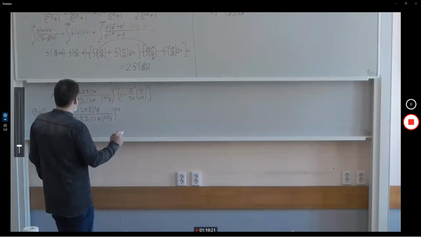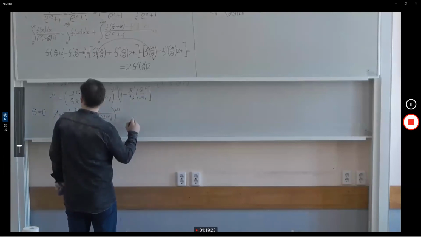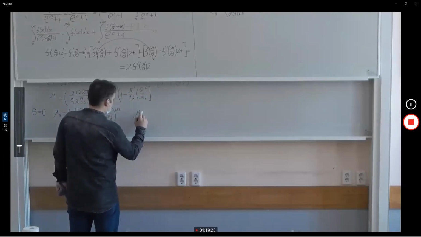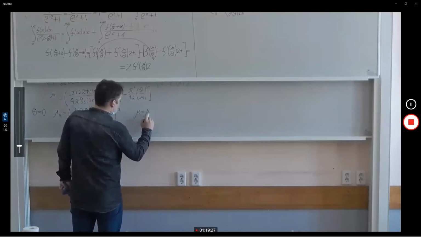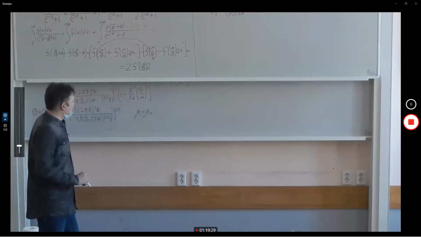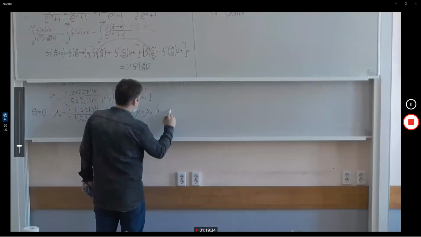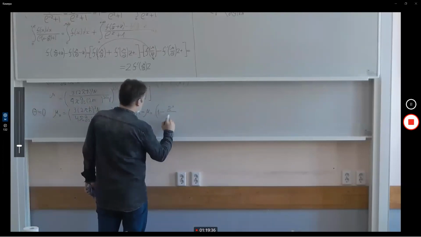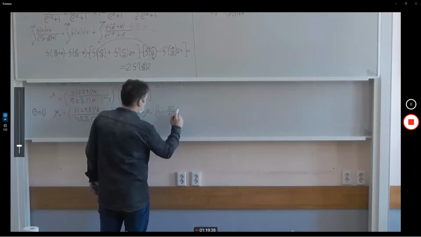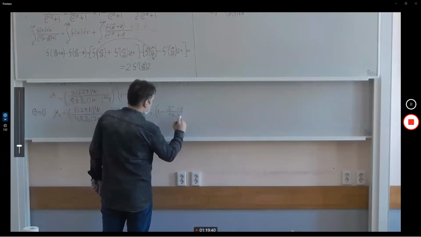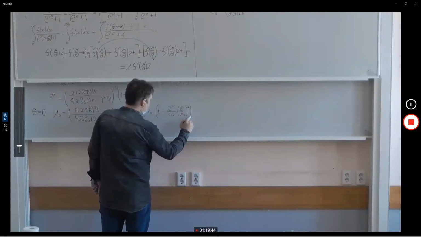So I found mu equals mu sub 0 multiplied by 1 minus pi squared over 12 theta divided by mu sub 0 to the second.